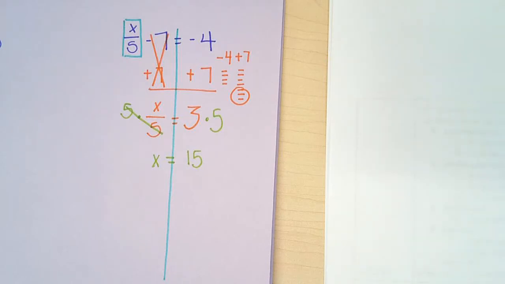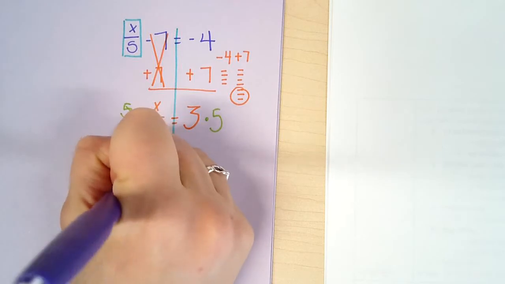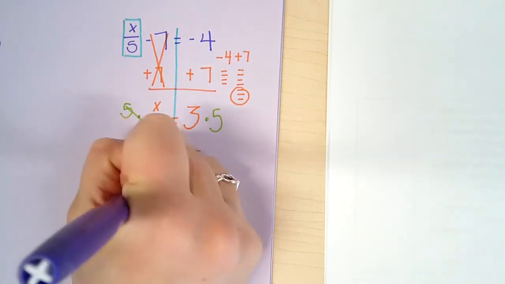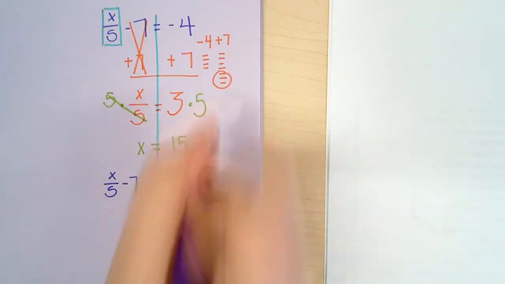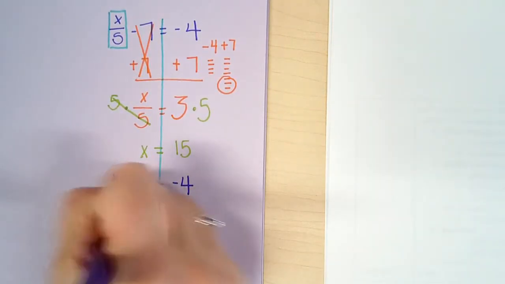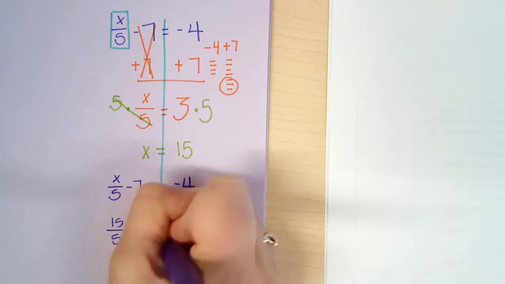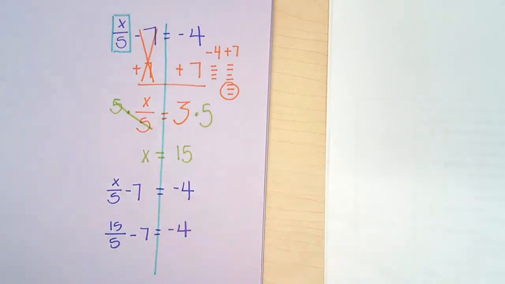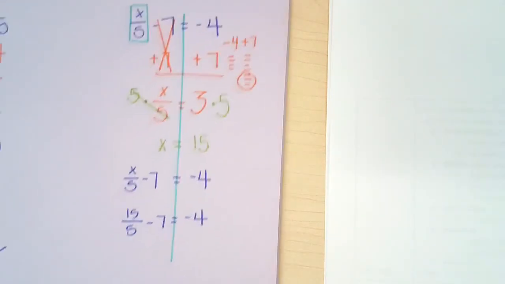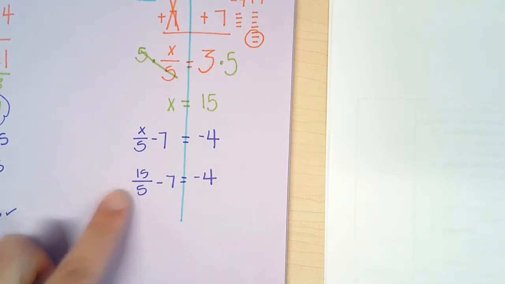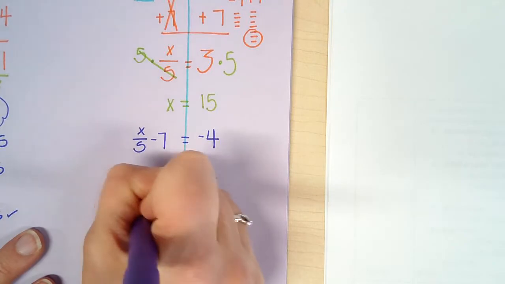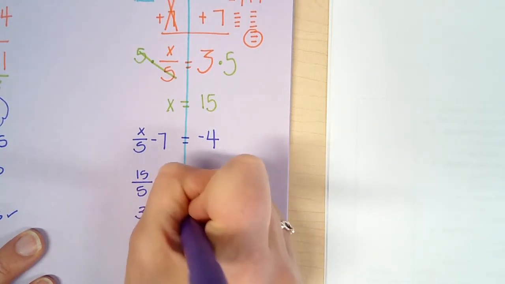But I'm not done yet. I need to now take that x equals 15 and substitute it in. I take that 15 and plug it in. Okay, so what do I do first to solve this? Well, using my order of operations, I would divide first. 15 divided by 5 is 3.